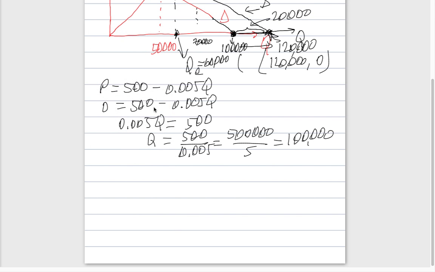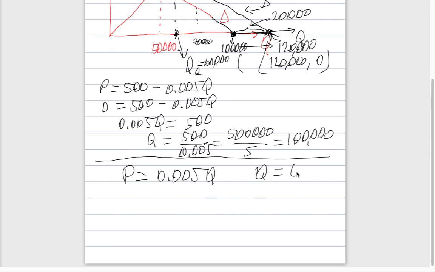We might have already worked out what P is, but I just want to show you step by step again. We will use the supply function, which is the easier one to deal with. We know the quantity was 60,000. So price is 0.005 times 60,000, which equals 300.